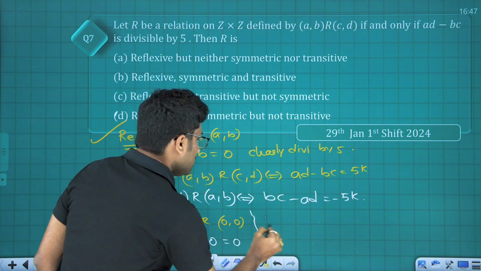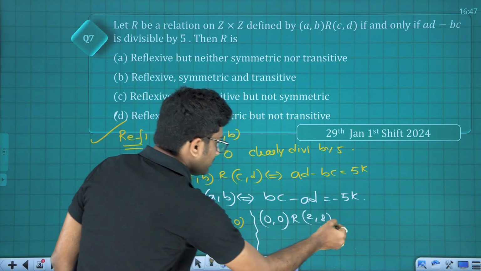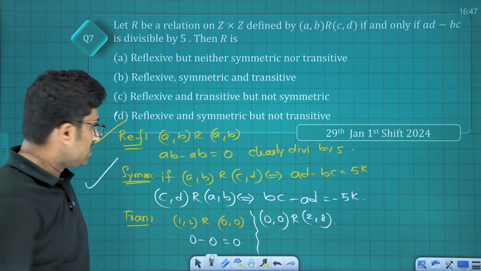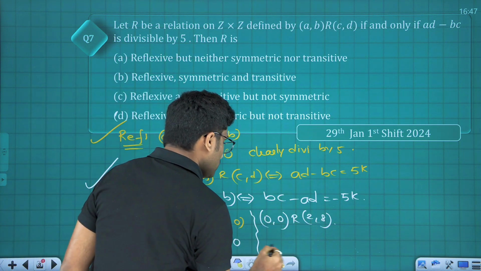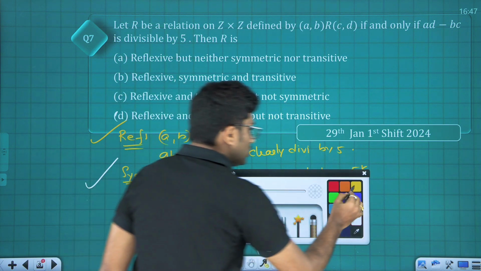Next, 0 comma 0 is related to 2 comma 8, because 0 into 8 minus 0 is also divisible by 5.